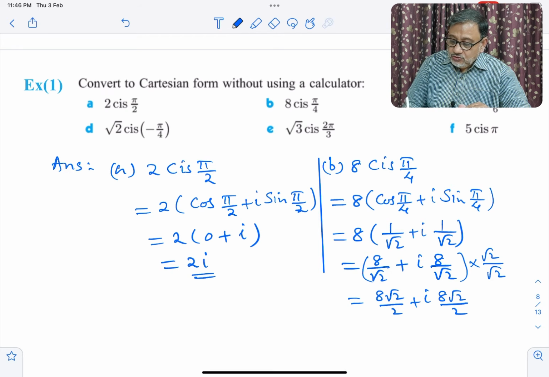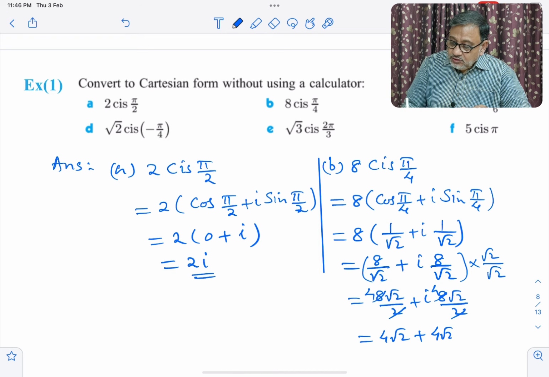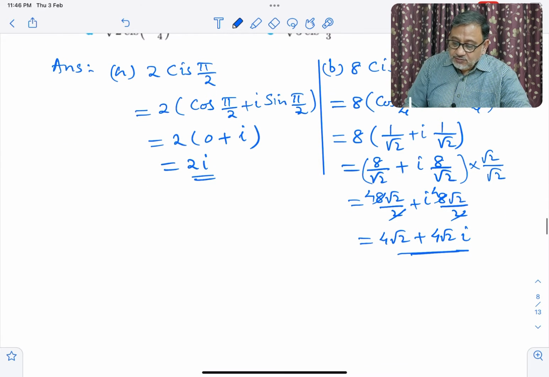Now cancel out 8 and 2, so you get 4 root 2 plus 4 root 2 i. This is the Cartesian form of part B.